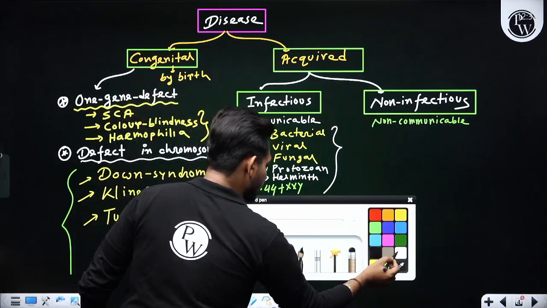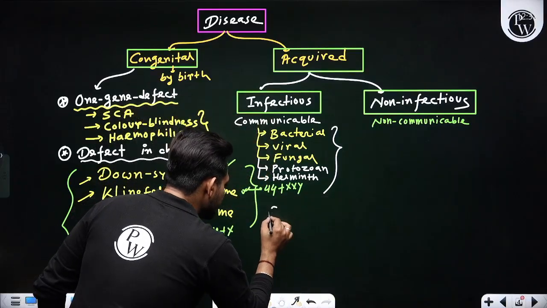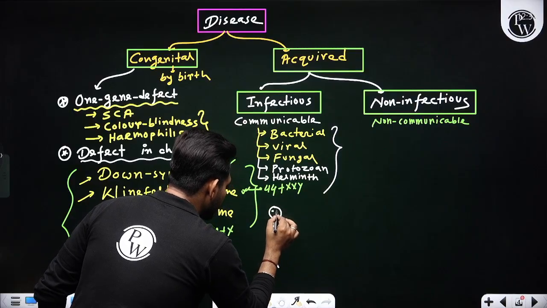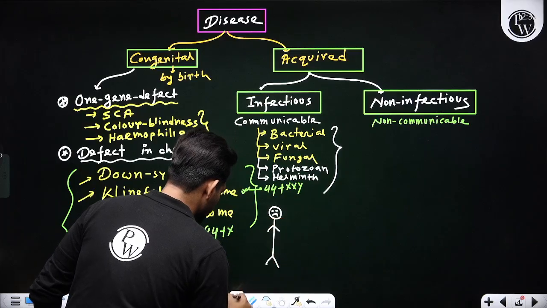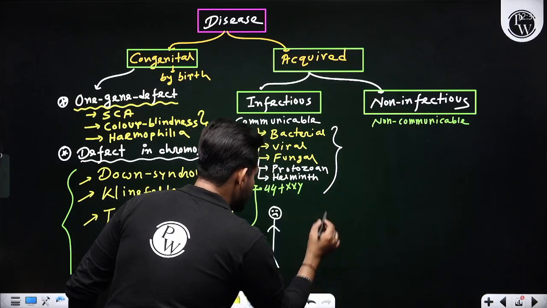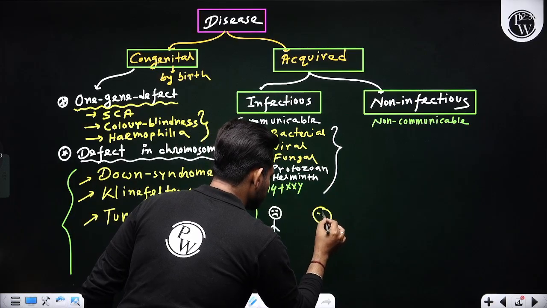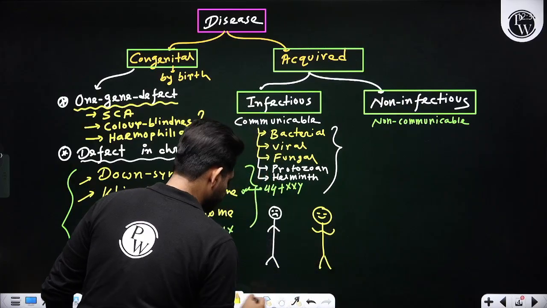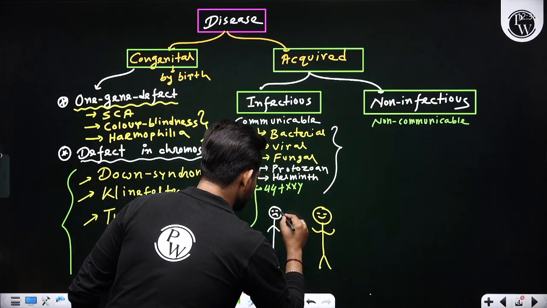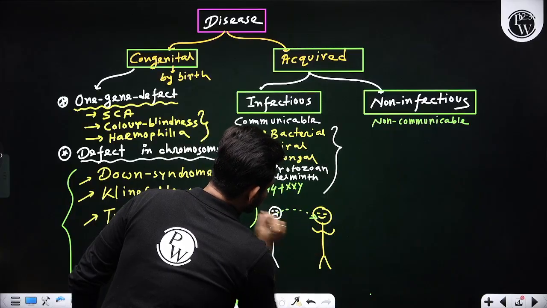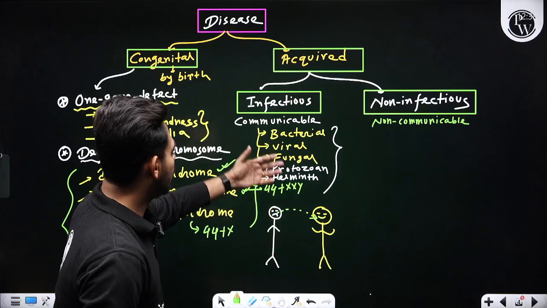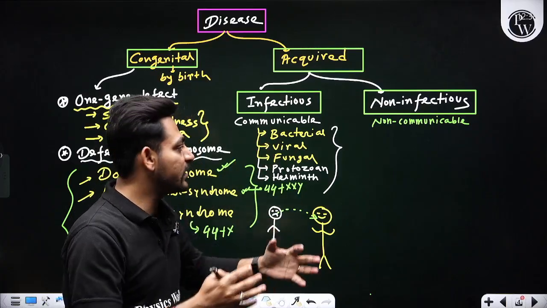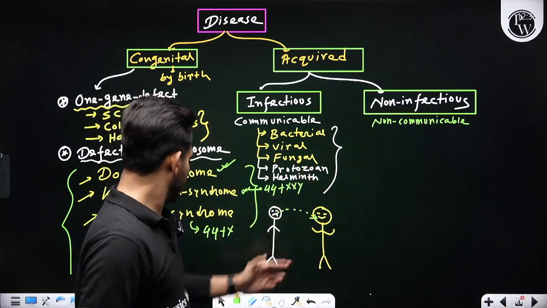If we talk about infectious disease, they are getting transmitted from one diseased person to another healthy person. So that's why we call them communicable or infectious diseases. The infections are spreading from person to person.